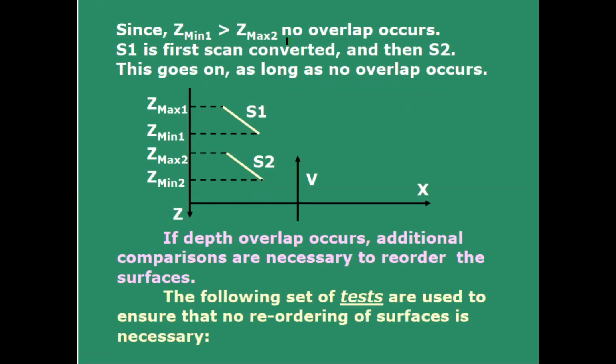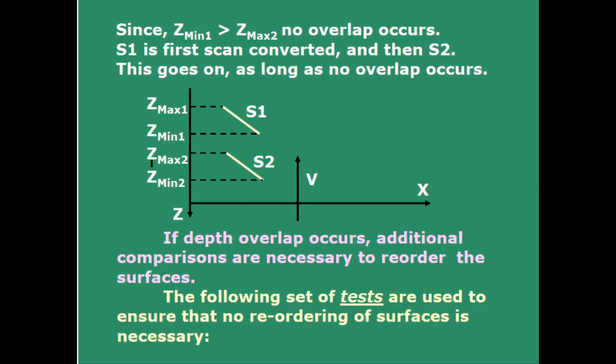If this condition is satisfied, then we can say that surface S1 is behind surface S2. So S1 is converted first and then S2, and this goes on as long as there is no overlap. If depth overlap occurs, additional comparisons are necessary to reorder the surfaces.